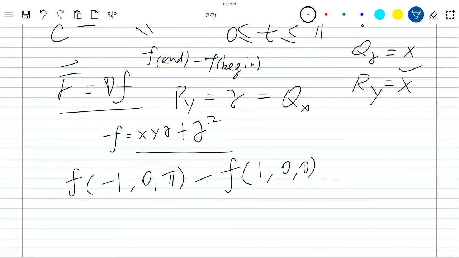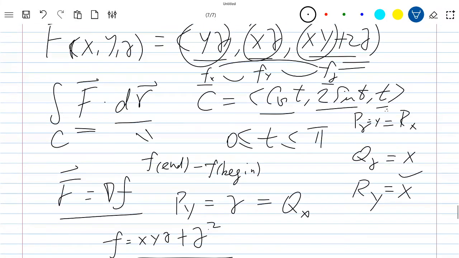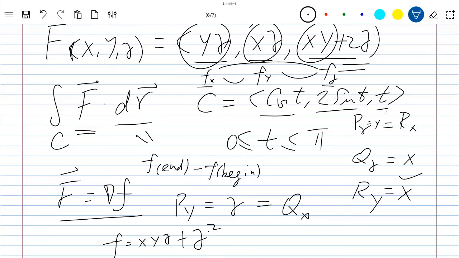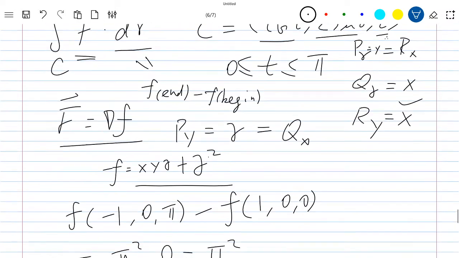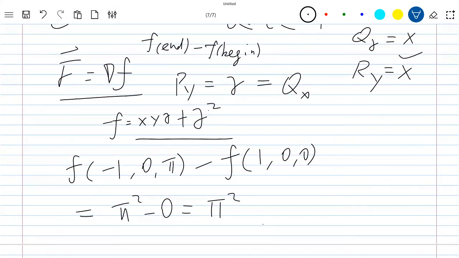Right, and then that's just good. The product, all of them is 0, so this pi squared minus 0 is just pi squared. Done. Alright, so you can see if you can identify a vector field as a potential field, then the integral is really simple. Alright, that's it for 16.3. See you next time.